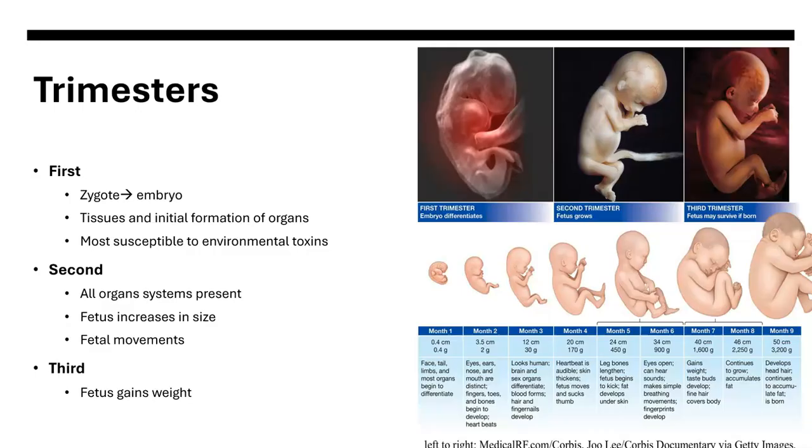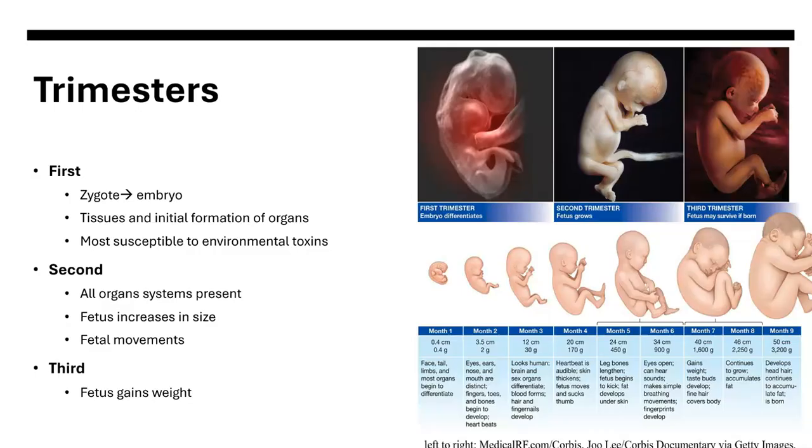And you're going to find that the timelines are fluid as far as when certain things occur. So if you read other sources, you might find some things that sound a little conflicting, or slightly different than what I might be saying here. The first trimester is usually from week 1 through week 12.